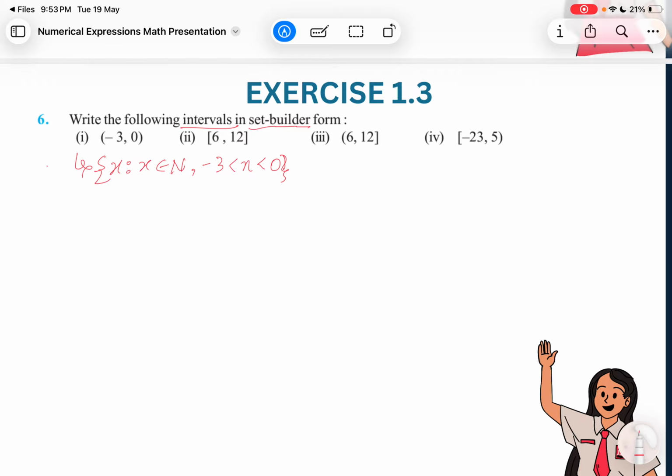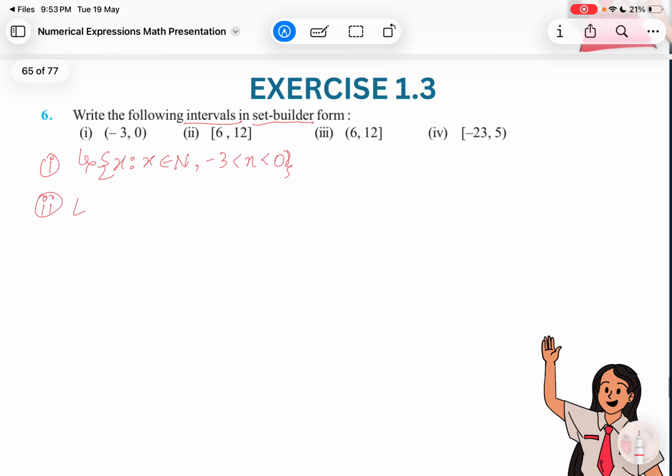For question number 2, this was question number 1. Now question number 2, 6 and 12 both are included, so quickly let's write x such that x belongs to natural number, comma, 6 is less than or equal to x and x is less than or equal to 12, so both are included, right?